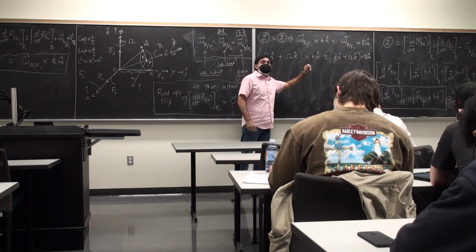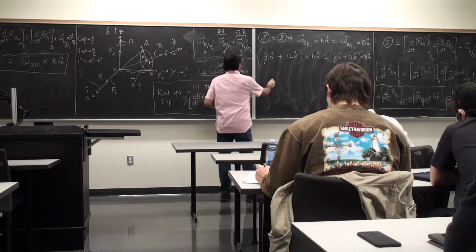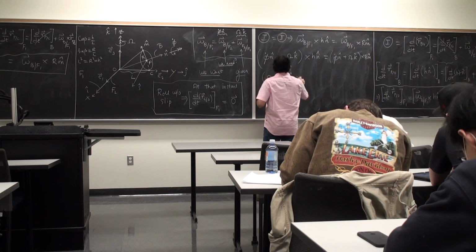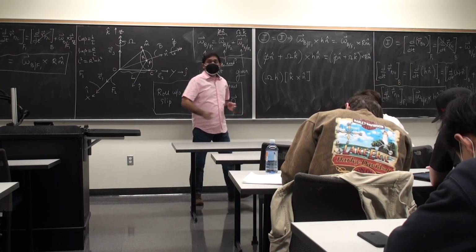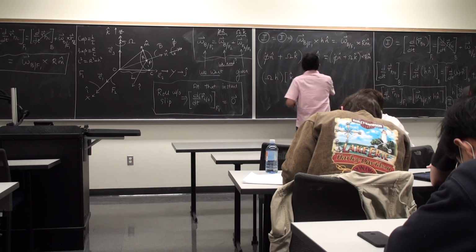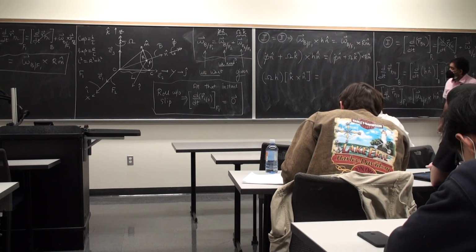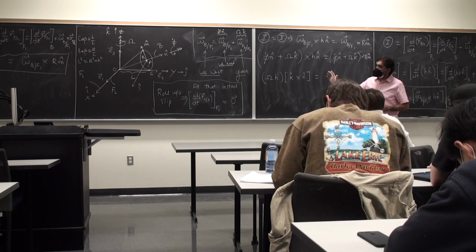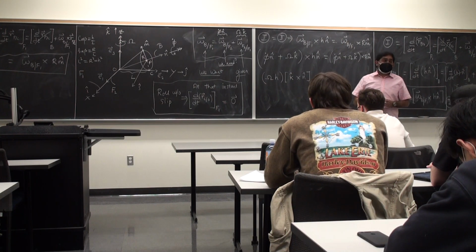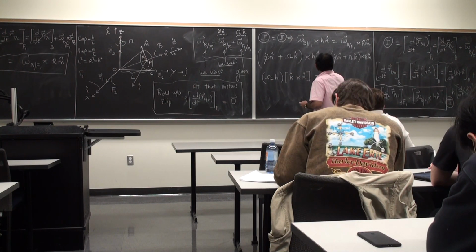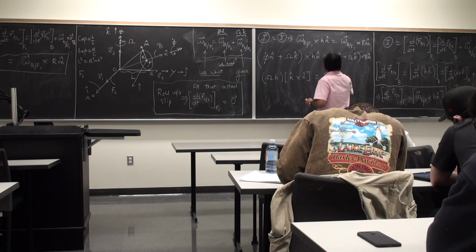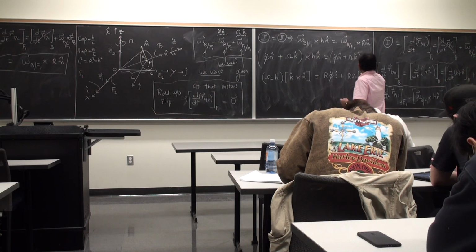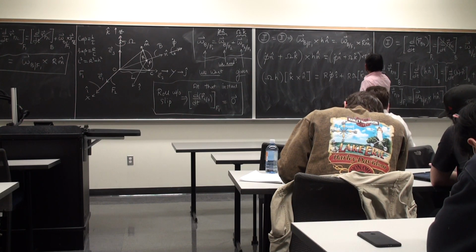N hat cross n hat is 0, so that term vanishes. So I'm going to end up with omega times h k hat cross n hat, which I don't know at this point in time. This is equal to, watch this, n hat cross m hat is going to give me the third vector of the system, which is s hat. So this is going to be r phi dot s hat and r omega k cross n hat.